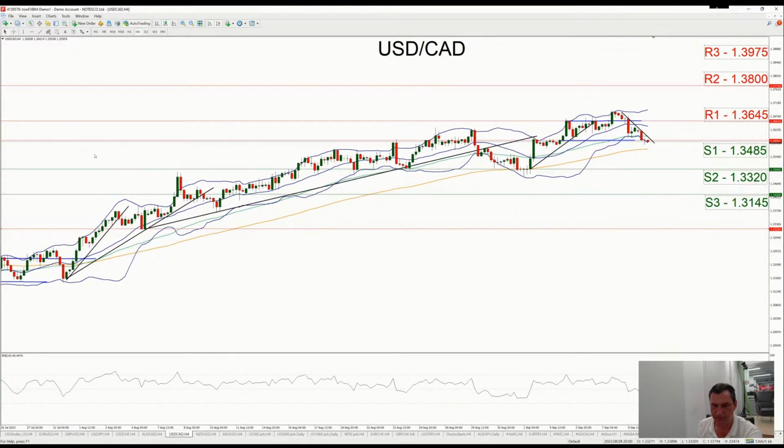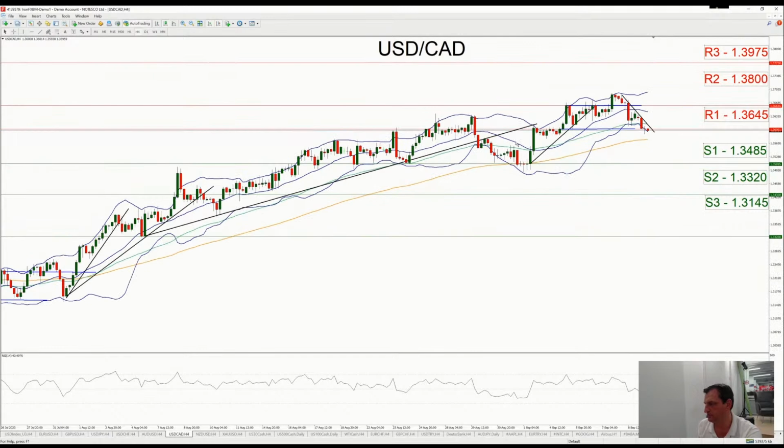It's very, very interesting in my opinion, and it's very characteristic. In green, that would be the 1.3320. Locking it in. Let's correct the labels.